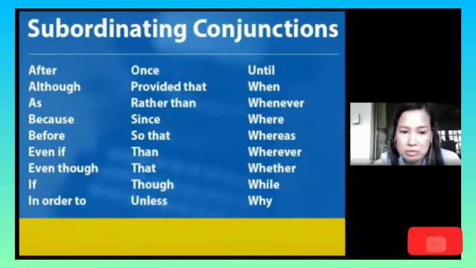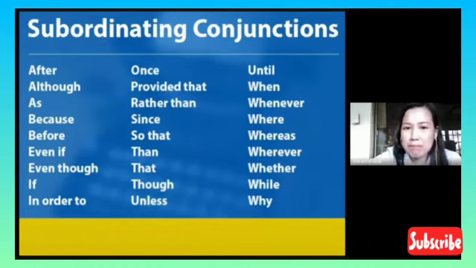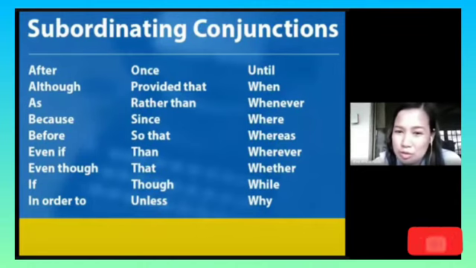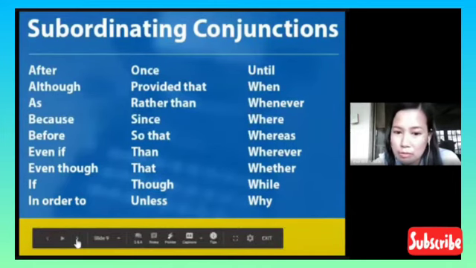So today, you have to add another 5. Mag-memorize uli kayo ng 5. So meron na kayong 10 subordinating conjunctions in your minds, di ba? Not bad. Kahit yan lang matutunan mo for the whole year, meron kang 10 subordinating conjunctions.